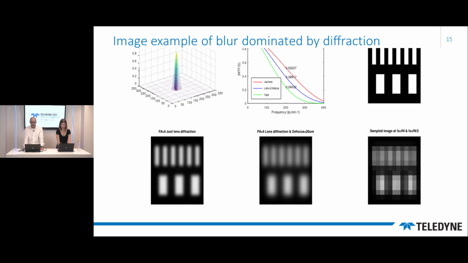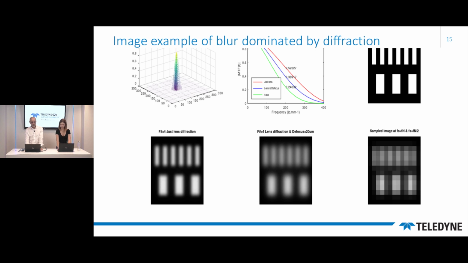In this case, the blur is dominated by the diffraction effect that is shown by the modulation transfer, which is the graph in the middle, and the figure on the bottom left. So this is an example of blur dominated by diffraction.